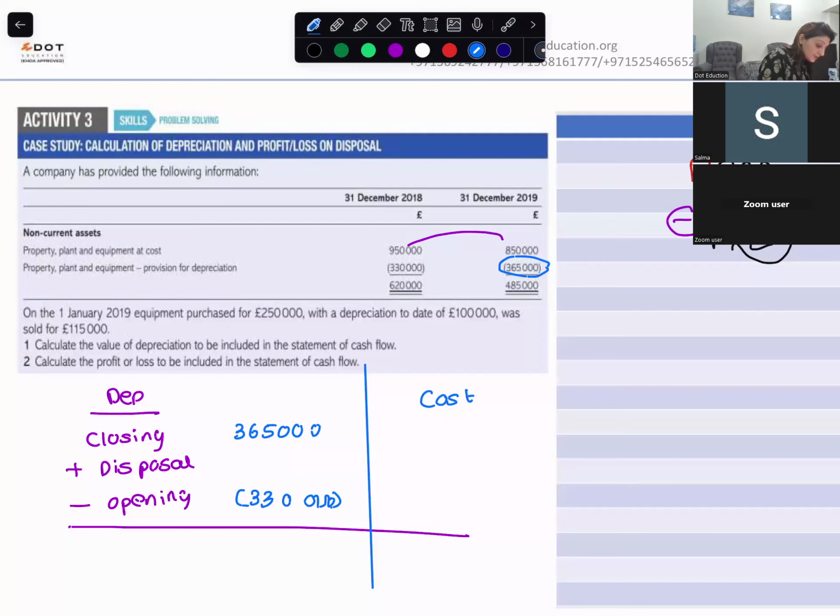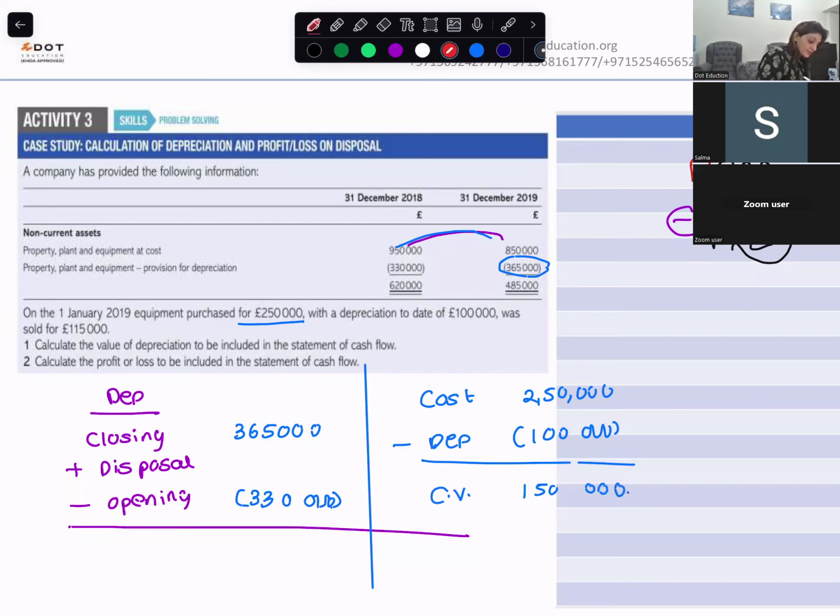Cost of the asset that was sold. First, you know that the asset is sold. It's around 250. 250 is the cost. I just subtracted the £100,000, which gives the carrying value, which is 150. So 100,000 was the depreciation, and the carrying value of the asset sold is 150,000.